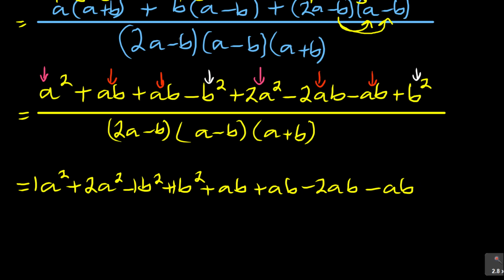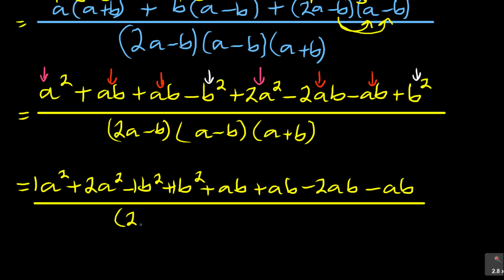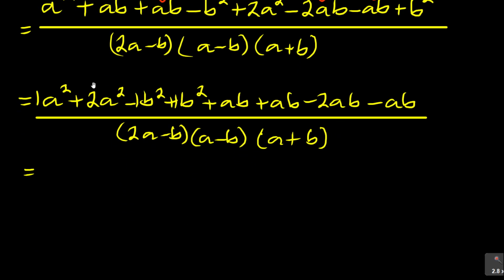So that is that. And when you have gotten it like that, don't forget you are still continuing. Maintain your denominator. Don't forget to write it down: 2a minus b, a minus b, a plus b. I know it looks quite tedious or long, but that's why they're giving you 6 marks for that.